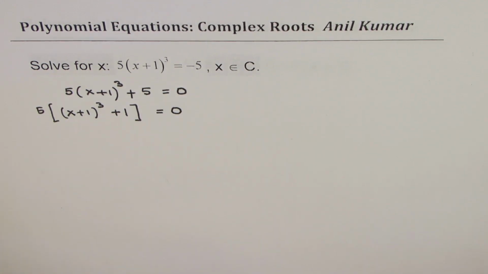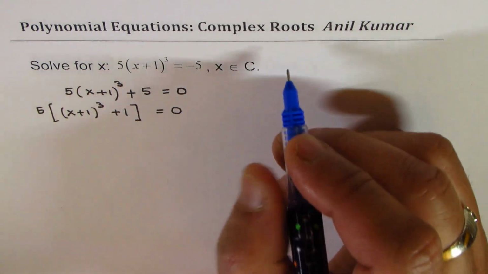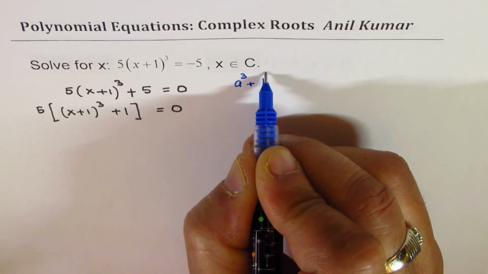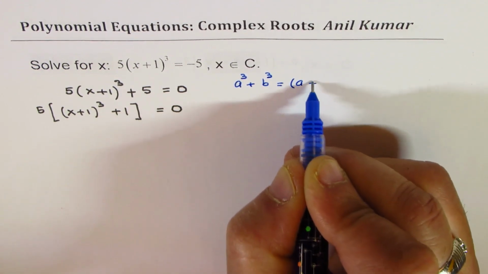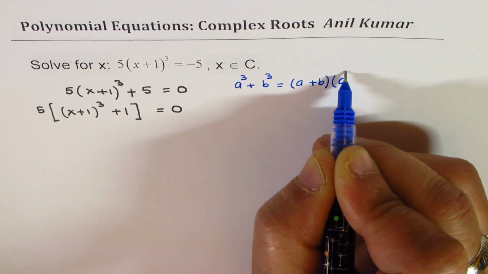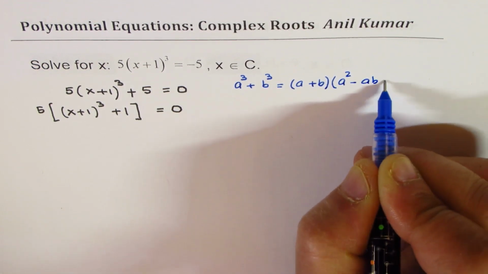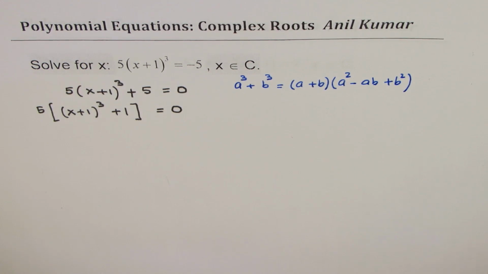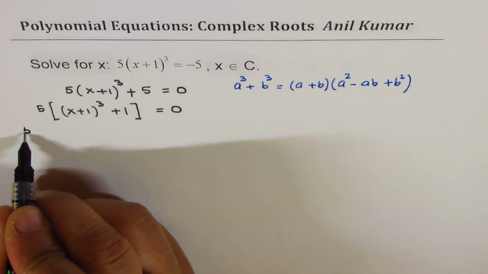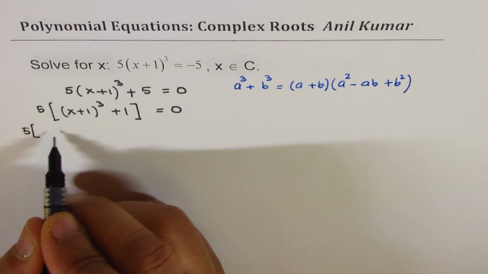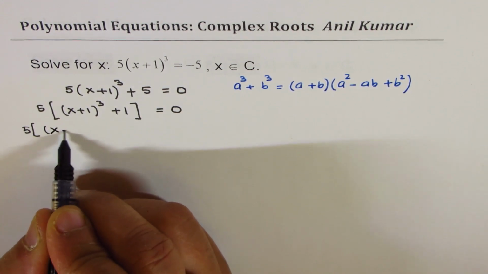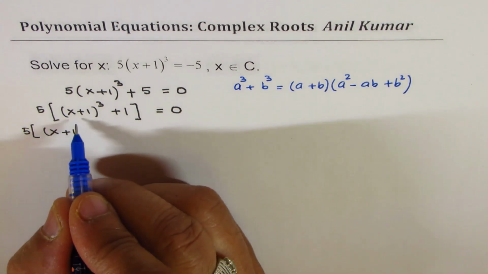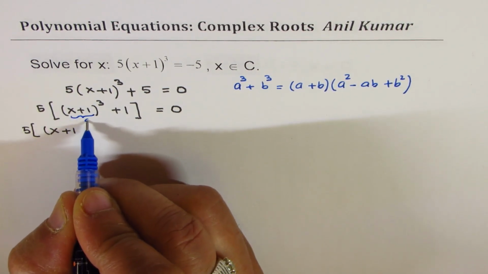So we could now apply the a cube plus b cube formula. I hope you remember it. It can be factored as (a plus b) times (a square minus ab plus b square). Applying this formula here, (x plus 1) is a, the whole term, and 1 is b.